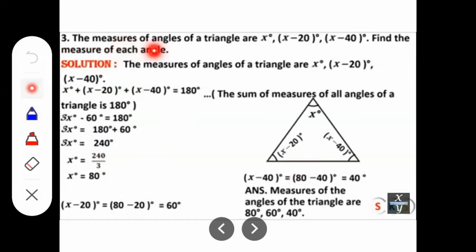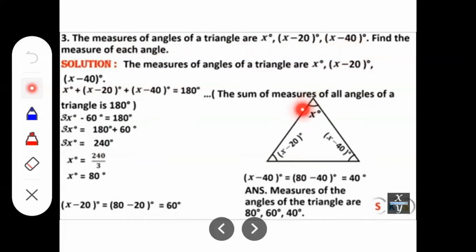The measures of the angles of a triangle are: first is x degree, second is x minus 20 degree, and the last one is x minus 40 degree.